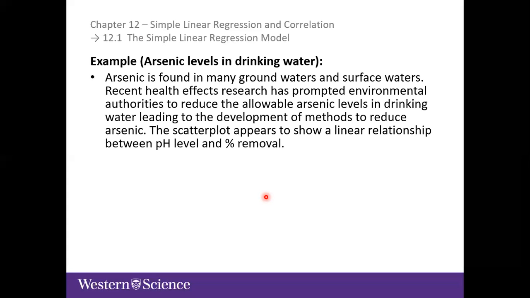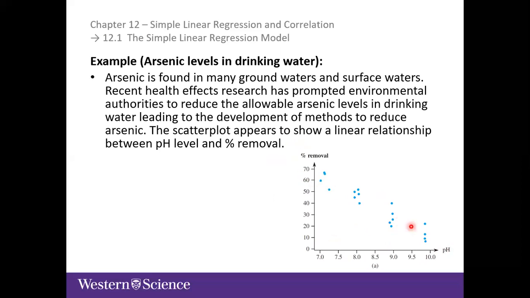Yep. So it was found to have some relationship with the pH level, the acidic level of the water. Once we have the data, if we plot the data, then we might be able to see this kind of linear tendency.